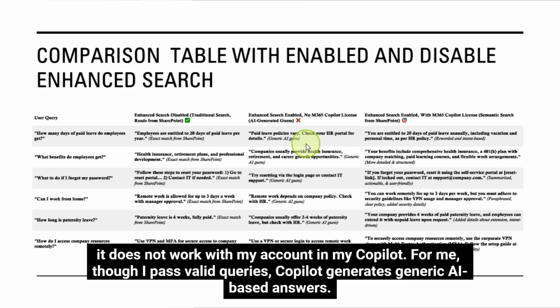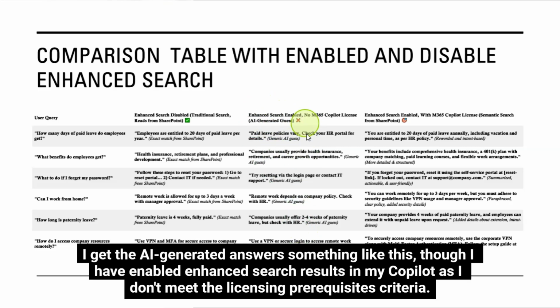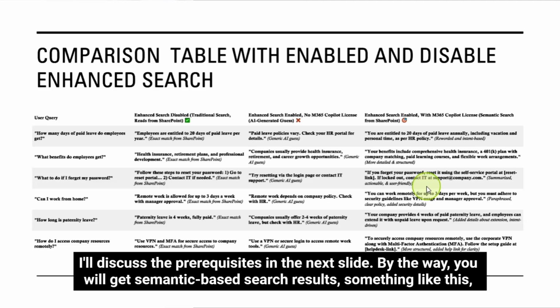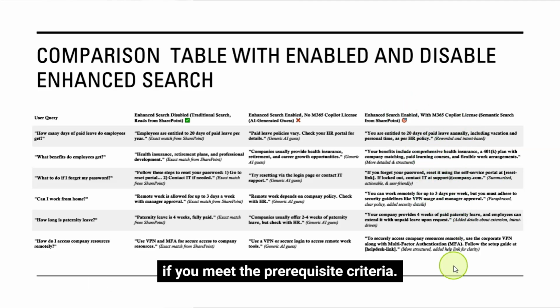For me, though I pass valid queries, Copilot generates generic AI-based answers. I get the AI-generated answers something like this, though I have enabled enhanced search results in my Copilot, as I don't meet the licensing prerequisites criteria. I'll discuss the prerequisites in the next slide. By the way, you will get semantic-based search results, something like this, if you meet the prerequisite criteria.